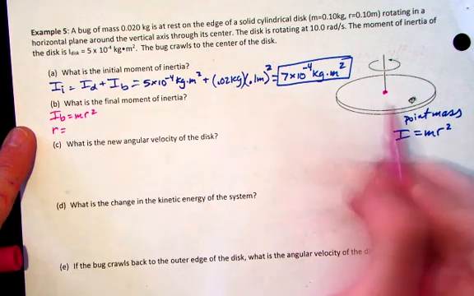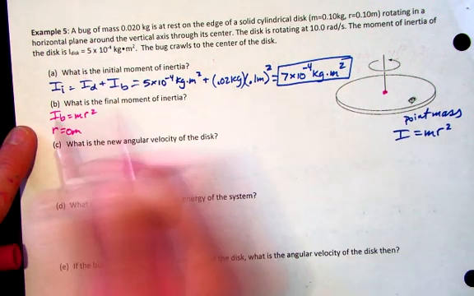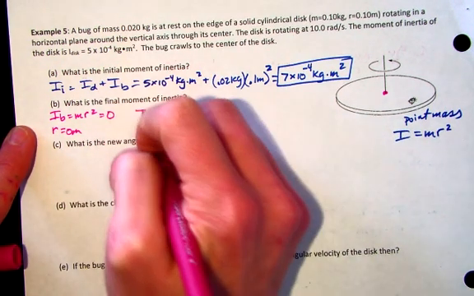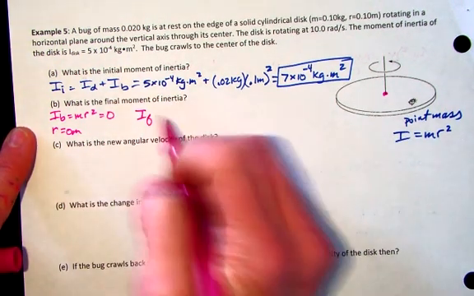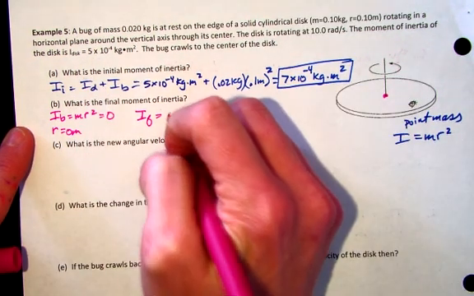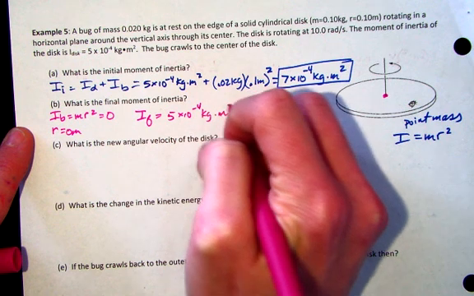But r is 0 meters if it's at the center, which means the inertia of the bug has to also be 0. So it turns out that the final moment of inertia is only the moment of inertia of the disk, which is 5 times 10 to the negative 4th kilograms times meter squared.